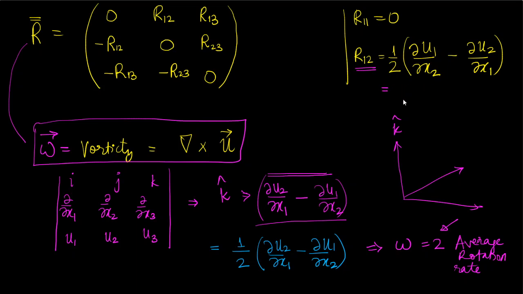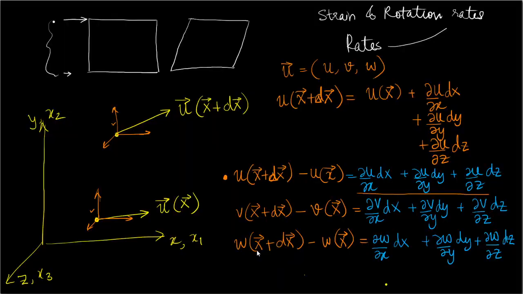So this R12 becomes minus omega z, the z component of vorticity, upon 2, or equivalently I can write it as minus omega 3 upon 2. So there is some relationship that exists between the rotation tensor and the vorticity. Let us find that relationship out.